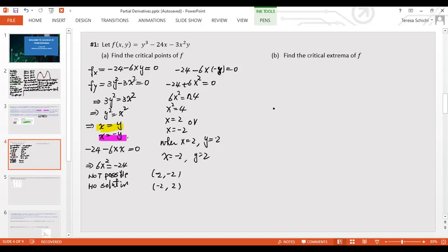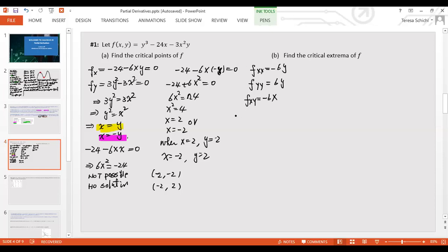Now let's find the extrema, right? Let's take the second derivatives. fxx will be negative 6y, good. Then fyy will be 6y, right? And then fxy, taking the derivative with respect to y, will be negative 6x.